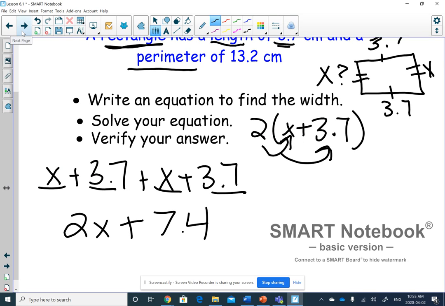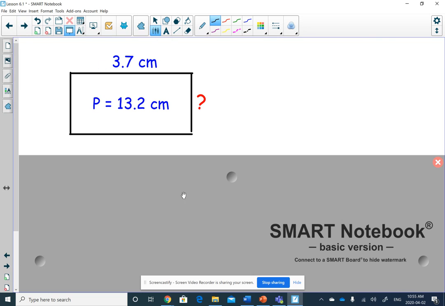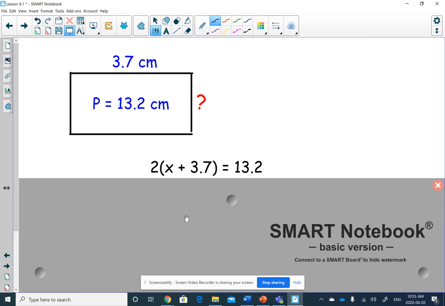For this, I'm going to use 2 times x plus 3.7 equals 13.2, because that's what the perimeter is, right? If we're solving this, we need to expand it anyways. So we're still going to need 2x plus 7.4 equals what the perimeter is, which is 13.2.